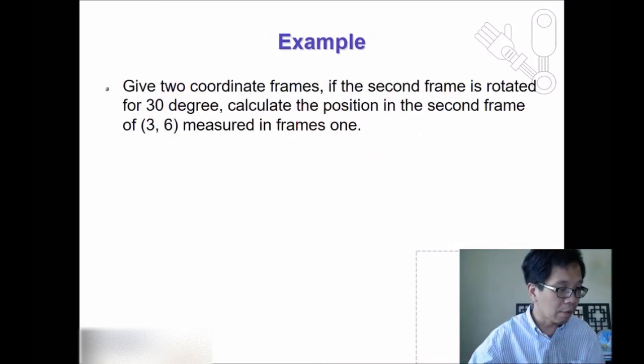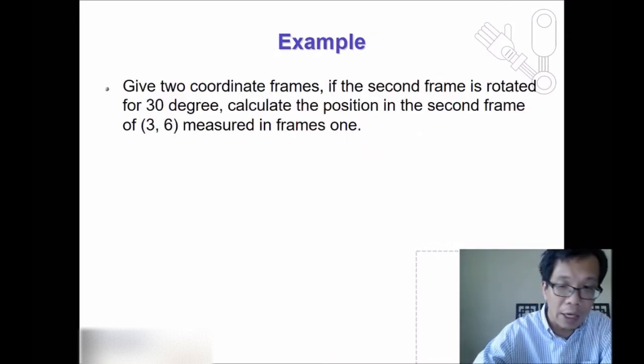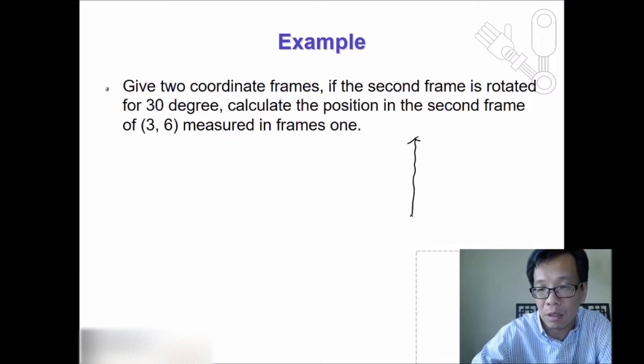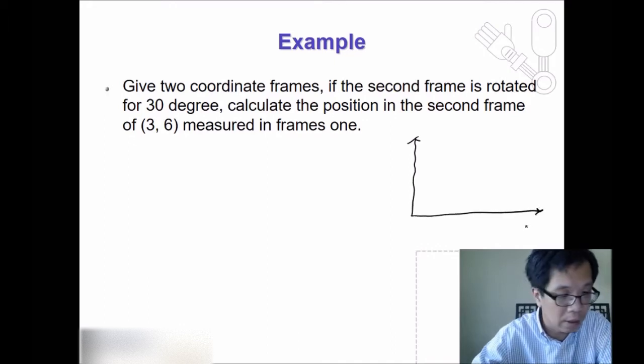Let's deal with an example. Given two coordinate frames, if the second frame is rotated by 30 degrees, calculate the position in the second frame of (3, 6) measured in frame 1. Okay, so let's start. Let's say this one is X1, Y1.